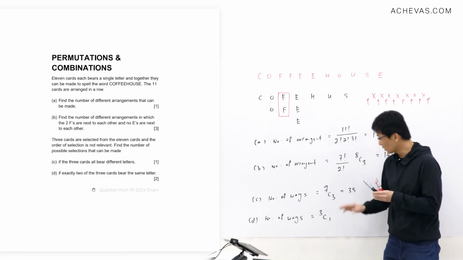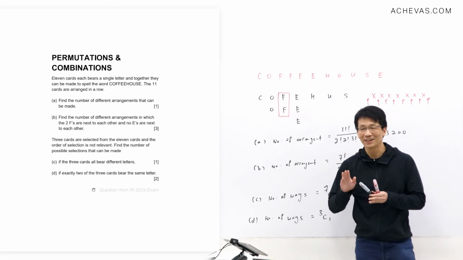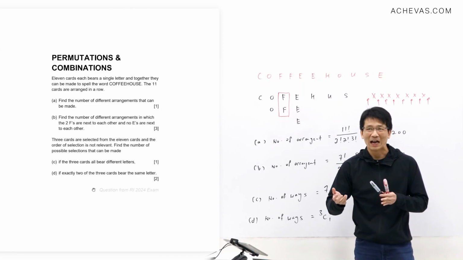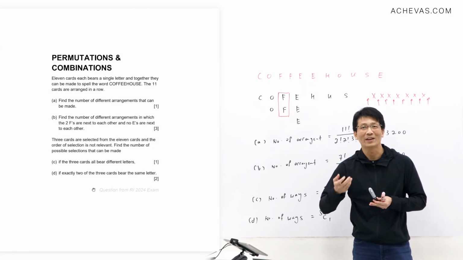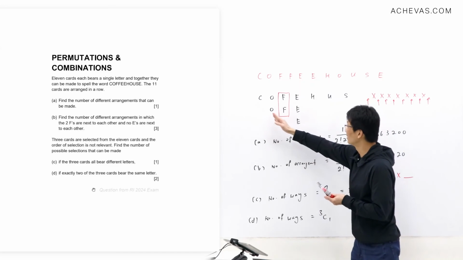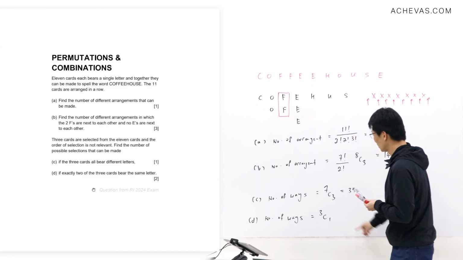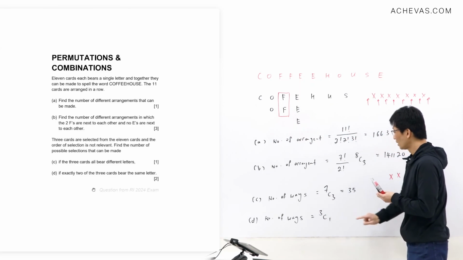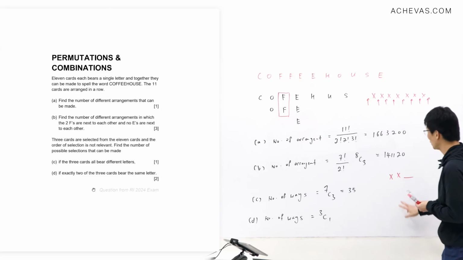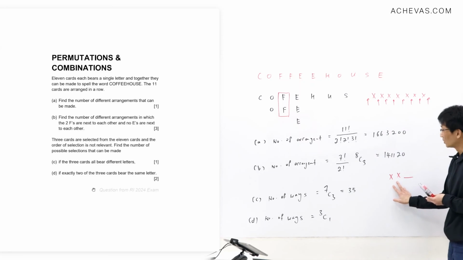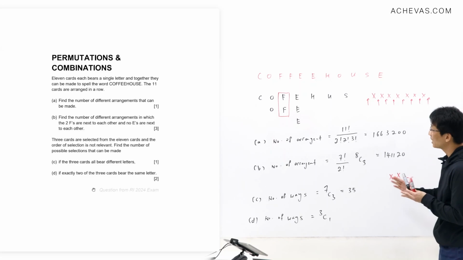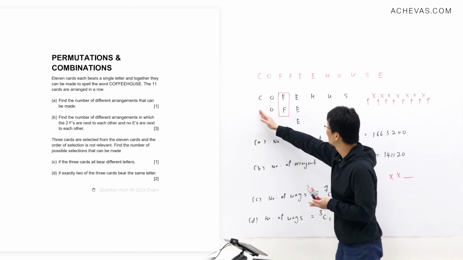So we will only have 3 choices to choose one. Take note that when I do a choose one here, it's not choosing the number of cards. I'm actually choosing the letter that I want to be repeated. So it's only 3 choose 1. When I do 3 choose 1, we have actually 2 letters here already, so we will need 1 more letter. This balance letter can come from the rest.